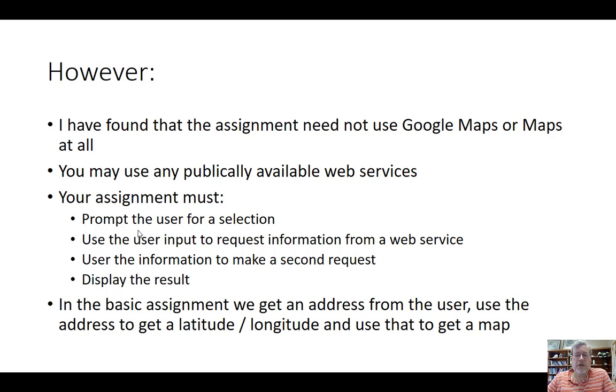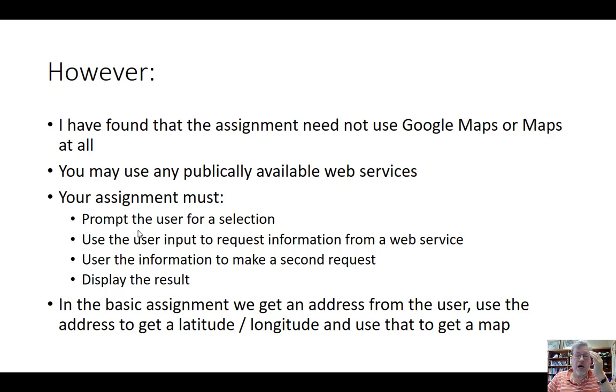So for example, you could give Geocoder a street address and get a latitude and longitude, and then give that latitude and longitude to, say, a weather service, and ask what the weather for today at that location is going to be, something like that. Or you could prompt the user to take the street address and also tell it which day it wanted, and you could get weather information for, say, next week or something.